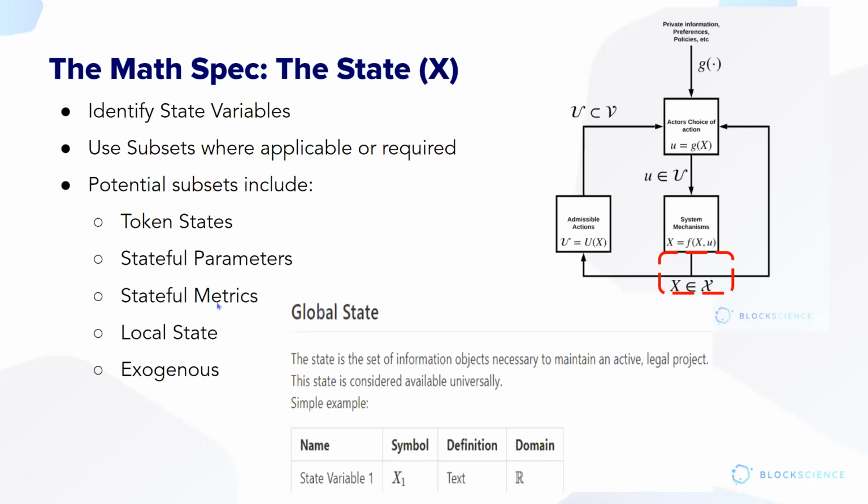We'll talk more about stateful metrics that are actually part of the state themselves, versus a metric or a KPI, something that you might just analyze, or that might come out of the state of the system. That could be a user metric or a performance metric that isn't critical to the functionality of the system, but is of high value to users using the system.